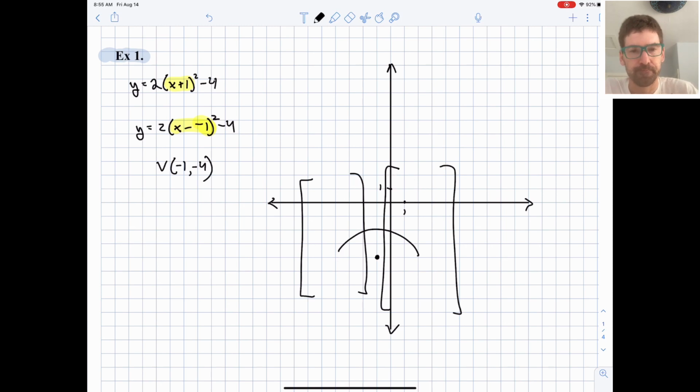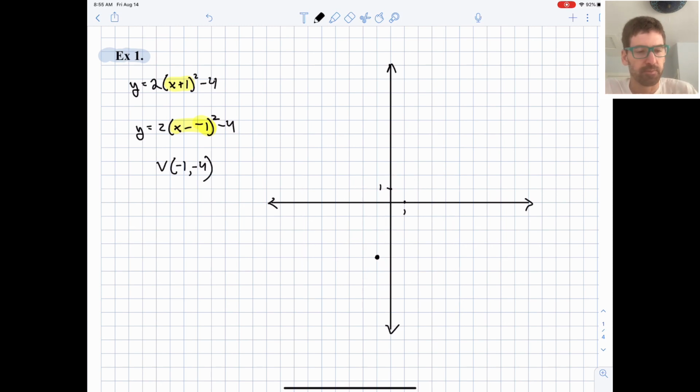All right. So let's plug in 0. So f of 0 is 2 times 0 plus 1 squared minus 4, which equals -2. Okay, so when x is 0, y, or f of 0, is -2. And then let's use symmetry to get that as well. Let's find f of 1.